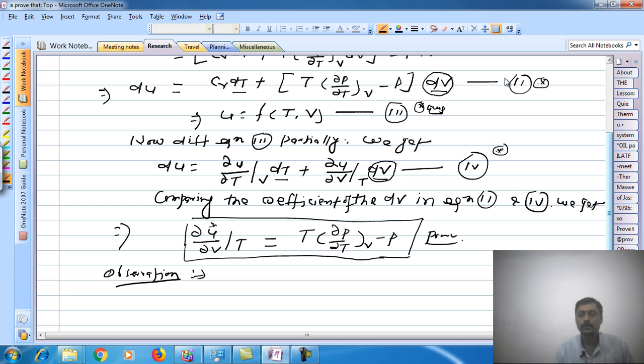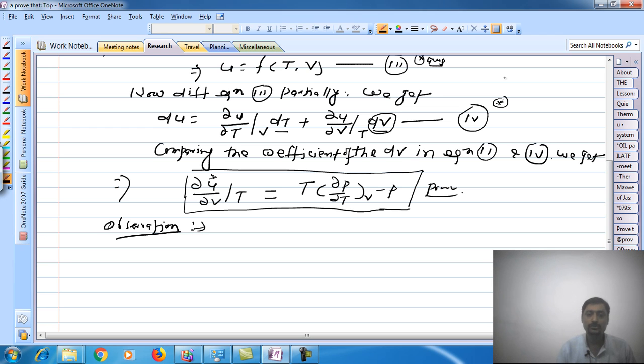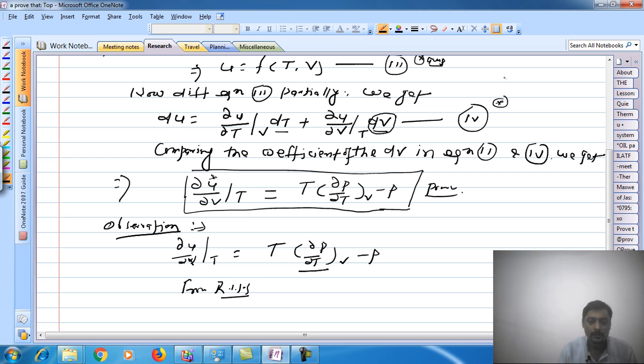This equation we know: del u by del V at constant temperature is equal to T del P by del T at constant V minus P. If you look at this, we have to check the value of this term del P by del T. From the RHS, this is equal to T into del P by del T at constant V minus P. Okay.